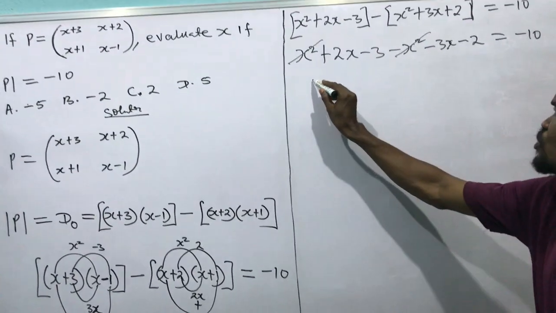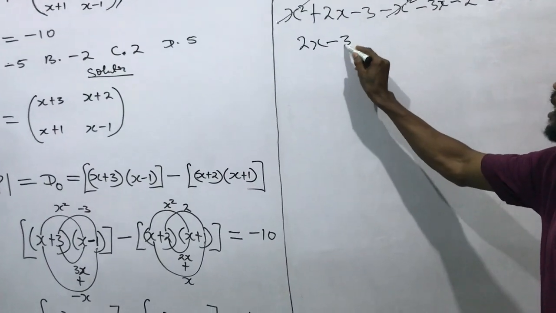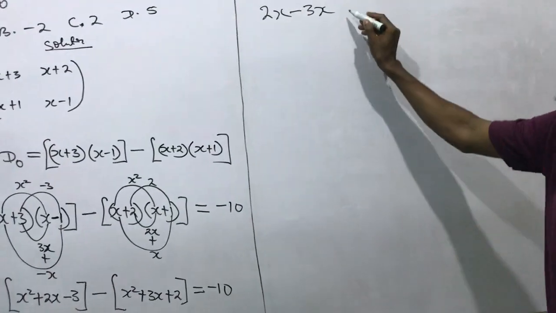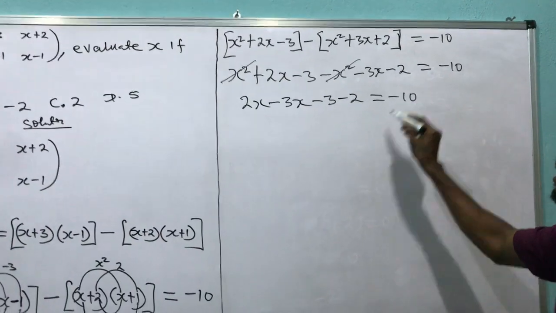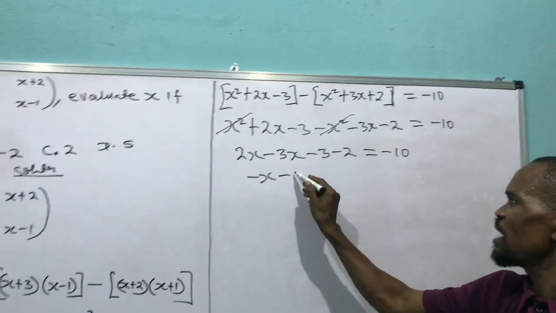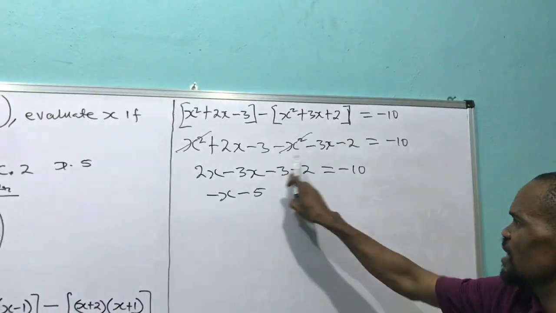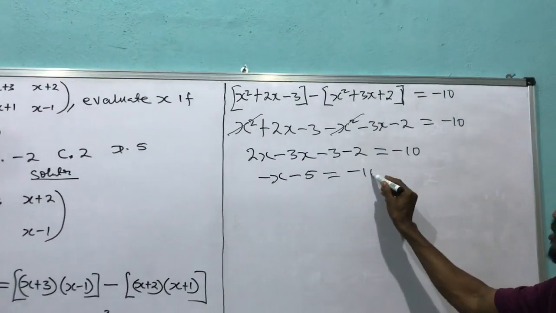And 2x minus 3x gives me minus x. Then minus 3 minus 2 gives me minus 5, equal to minus 10.